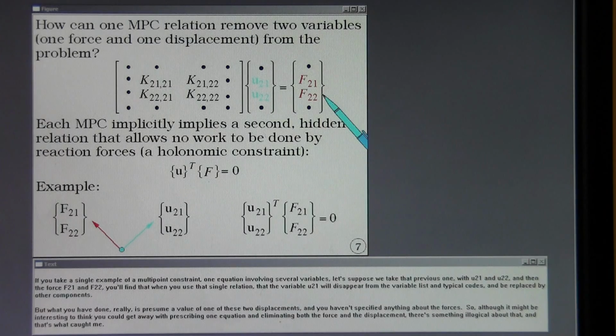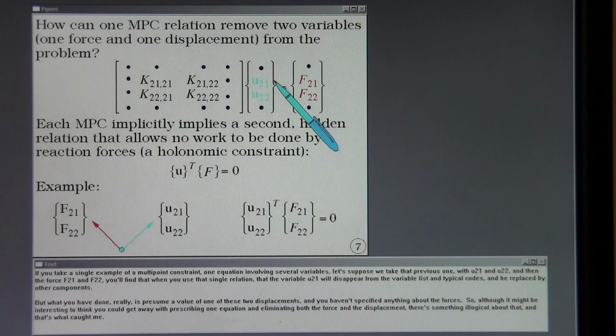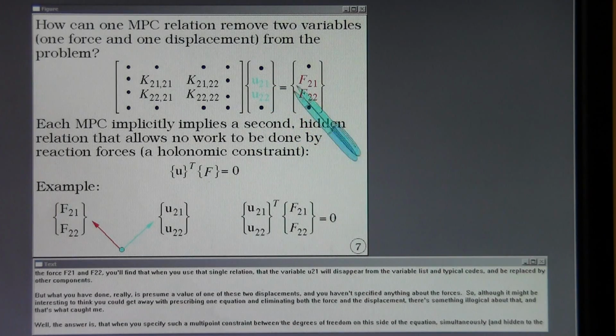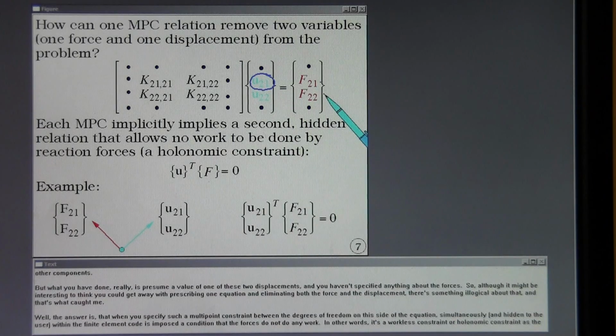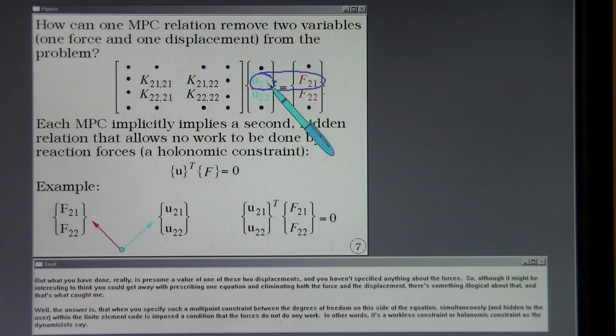You'll find that when you use that single relation, the variable U21 will disappear from the variable list in typical codes and be replaced by other components. But what you have done really is presume a value of one of these two displacements, and you haven't specified anything about the forces. So, although it might be interesting to think you could get away with prescribing one equation and eliminating both the force and the displacement, there's something illogical about that, and that's what caught me.